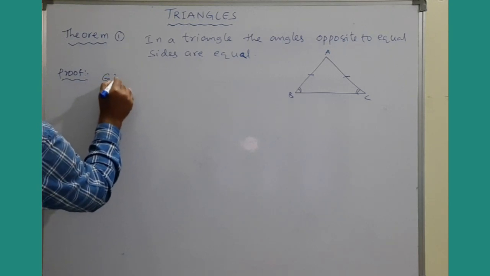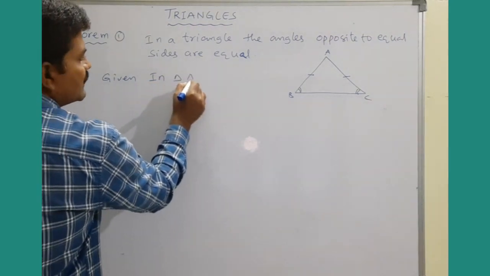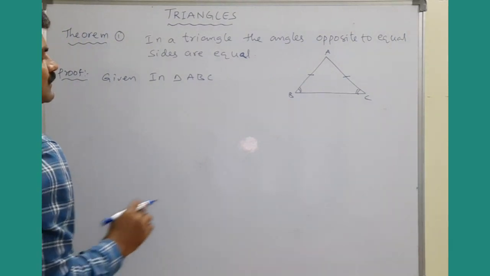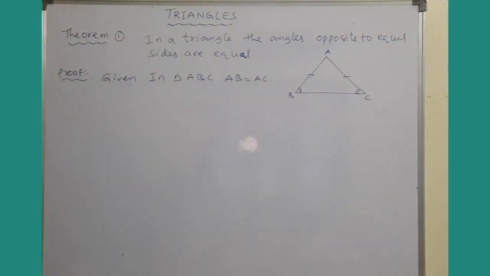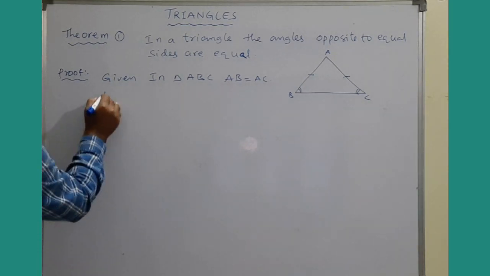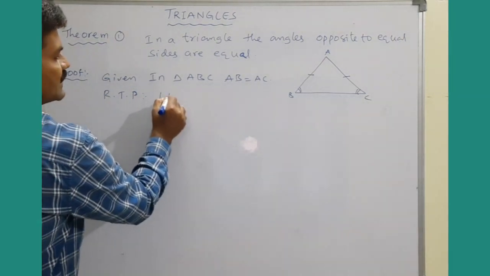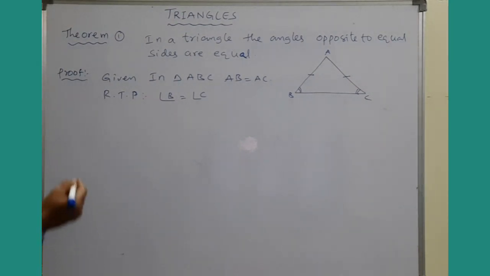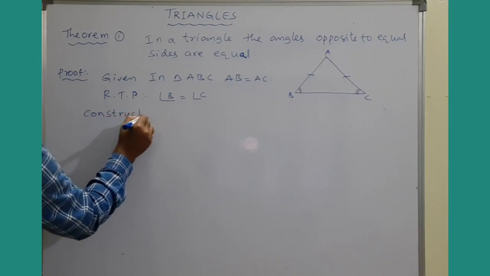First of all, write what is given. Given in triangle ABC, AB is equal to AC, isn't it? Given that the sides are equal. And what we need to prove? Required to prove the angles, angle B is equal to angle C. So for this, let us do the construction.